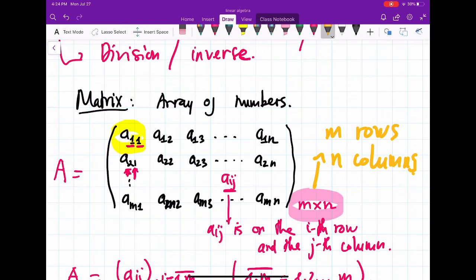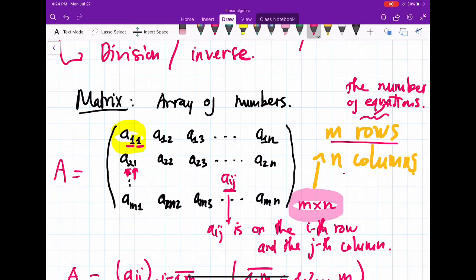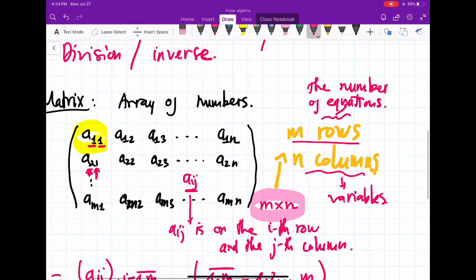So that is the number of rows, right? And the number of columns is the number of variables. So I hope you still remember that, right?